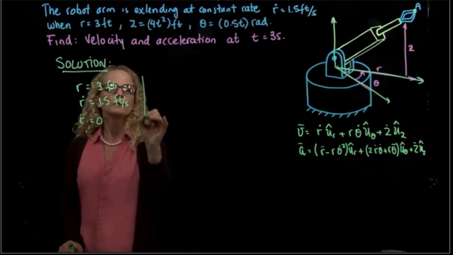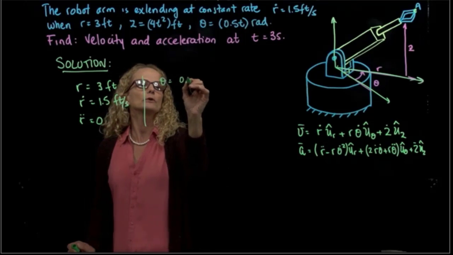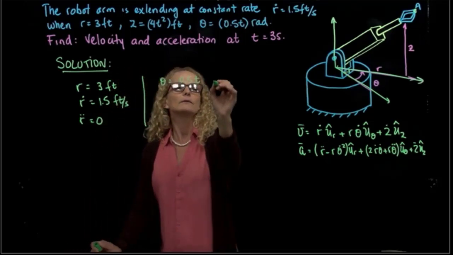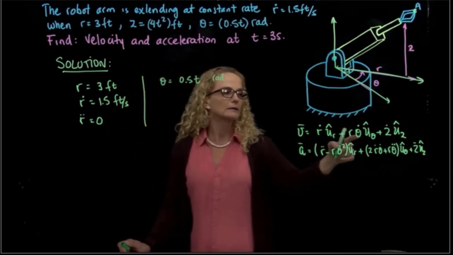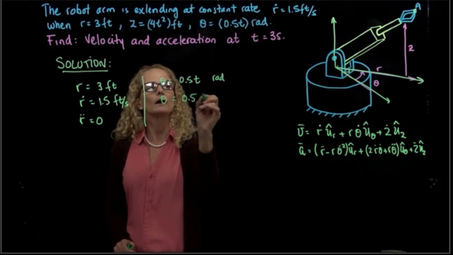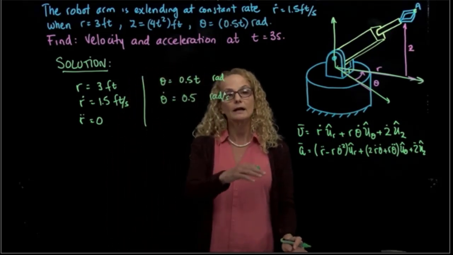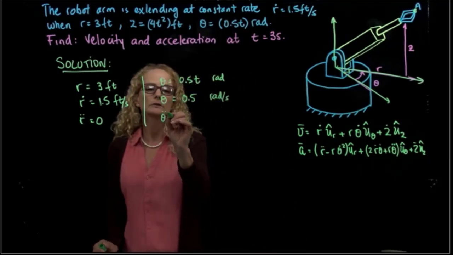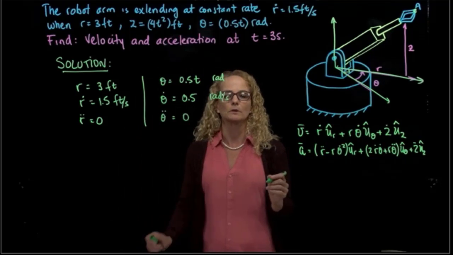For theta, it is given as 0.5t radians. Then I derive this expression to get theta dot, which is equal to 0.5 radians per second, and theta double dot is equal to 0 because we don't have time anymore, and we are deriving with respect to time.